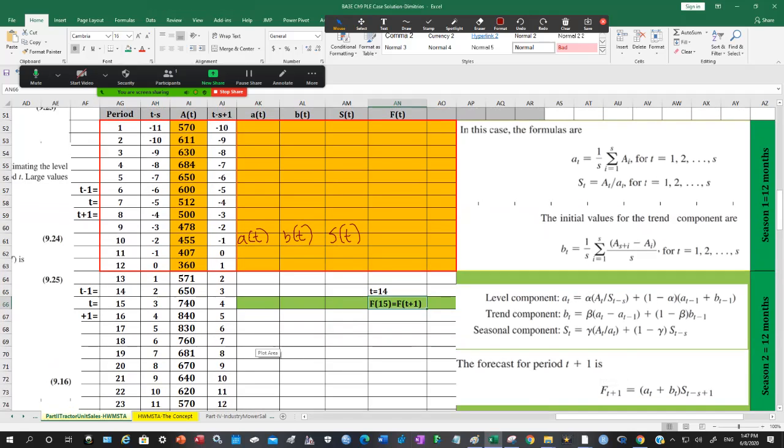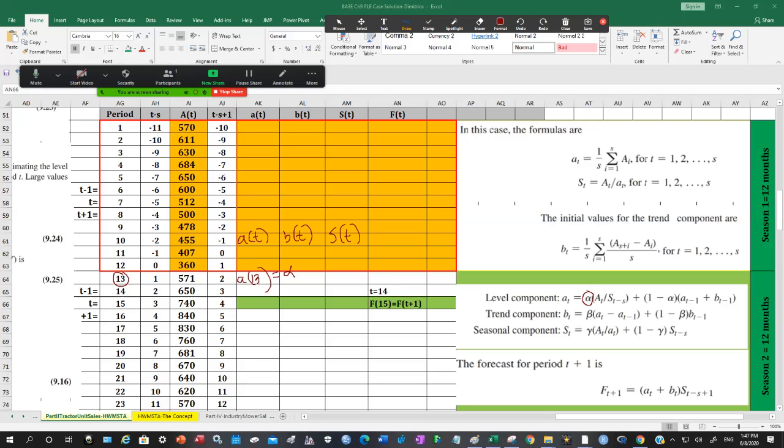So how do I find A of 13? Here is the formula. A of 13 equals alpha, which we know. I forgot what I put for alpha, right?